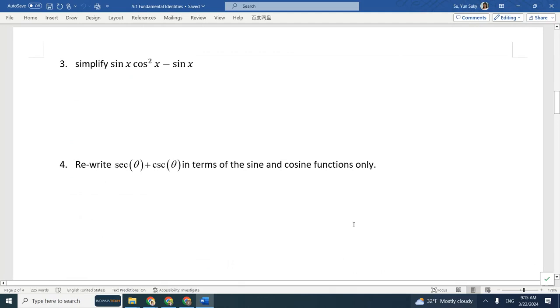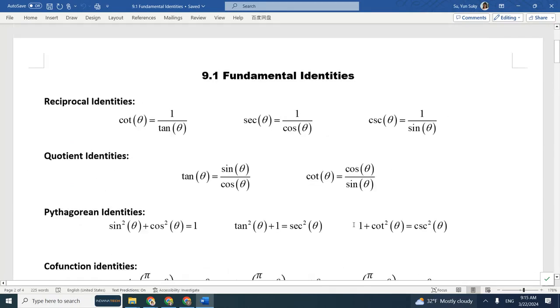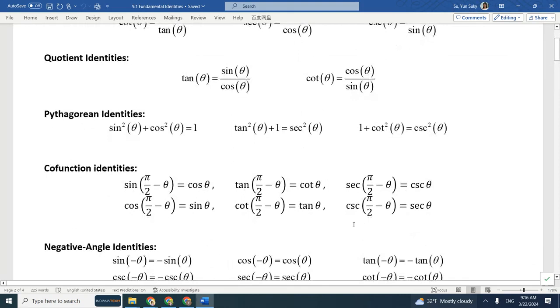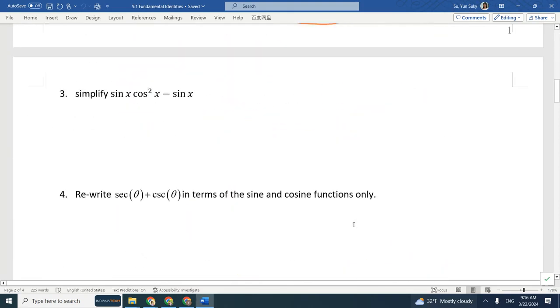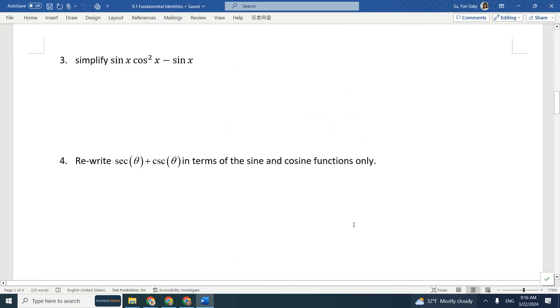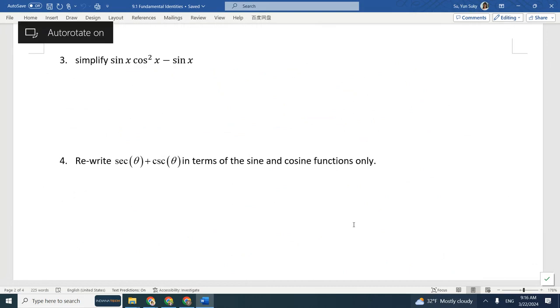All right. So 9.1. Last time we talked about all these trig identities. Remember, you use the hexagon to help you memorize the diagonal identities and the triangle identities. So let's continue. Problem 3. Simplify the following. Usually when you see simplify, what does that mean?